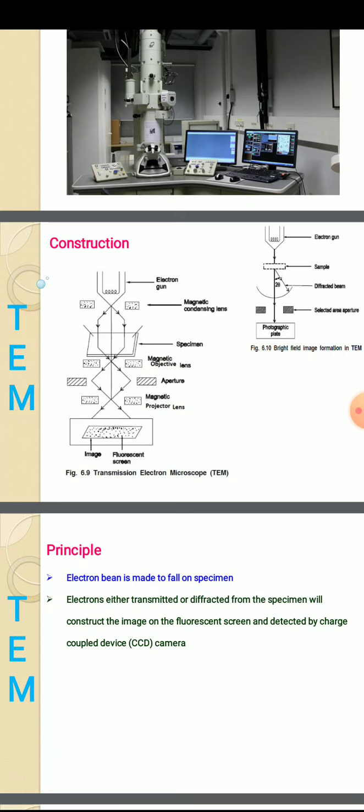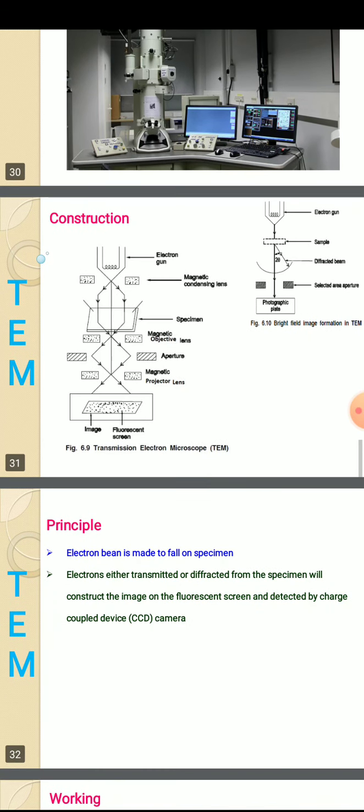Those electrons are sent to the magnetic condensing lens. Through the magnetic condensing lens, the electrons fall over the specimen and are transmitted through the specimen. Then again it is passed through the magnetic objective lens.